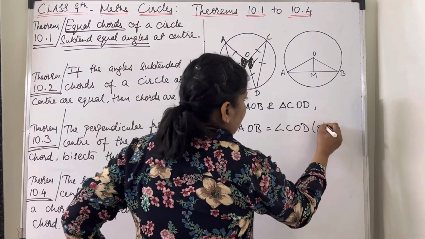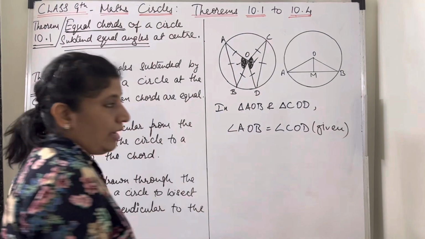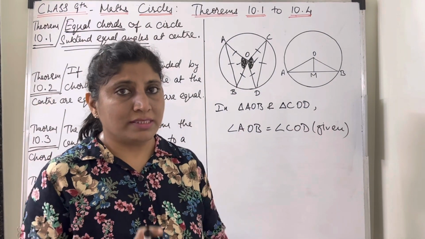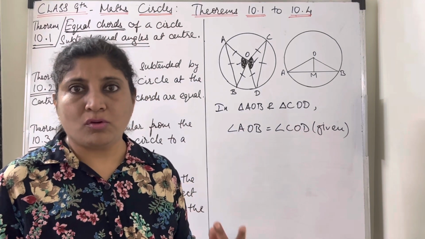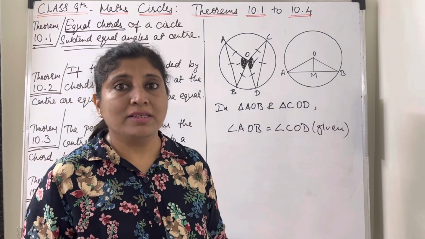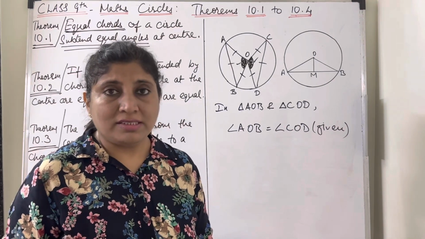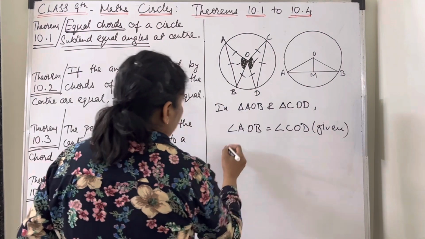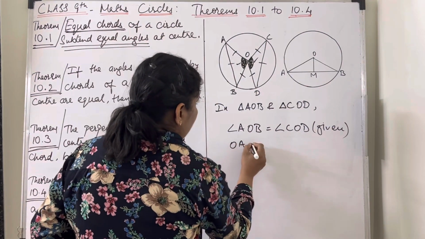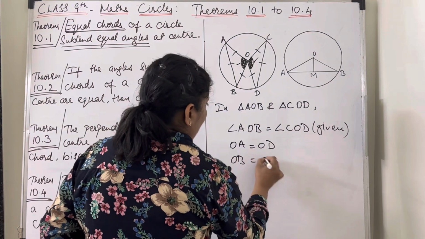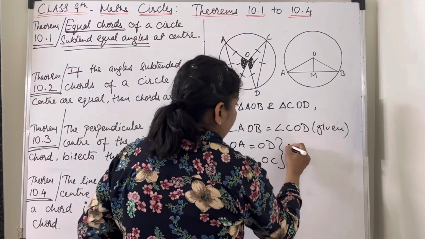Now this is given here in this case, and again by connecting the endpoints of the chord with the center, again we get four radii of the same circle, and so these radii are going to be equal. Hence again we can use the same thing. OA is equal to OD and OB is equal to OC. We have to write reason.